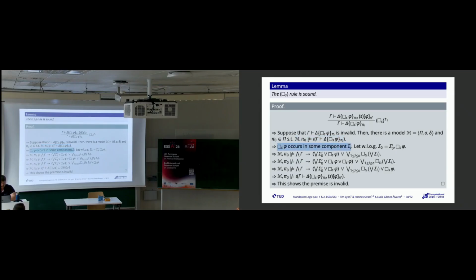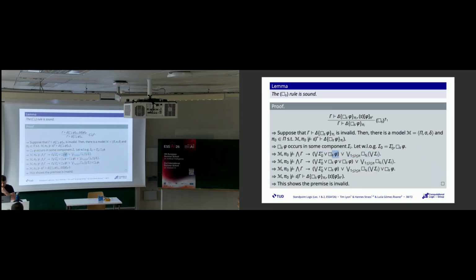This formula in the conclusion, box S phi, can occur in either the root component or one of the child components. We'll only consider the case where it occurs in the root component, which I'm calling sigma naught. So underneath the assumptions and this case assumption, it follows that this formula, which is the formula interpretation of the conclusion, is false on M at pi naught.